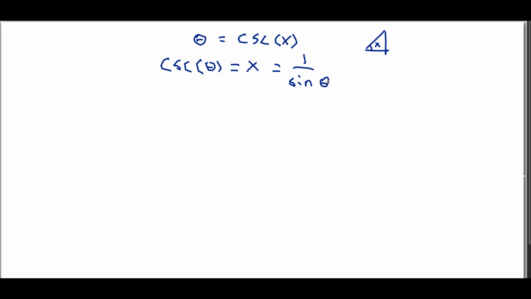So this here is x, that's 1, and that would be the square root of x squared minus 1, because this is theta. Because sine of theta would be 1 over x.